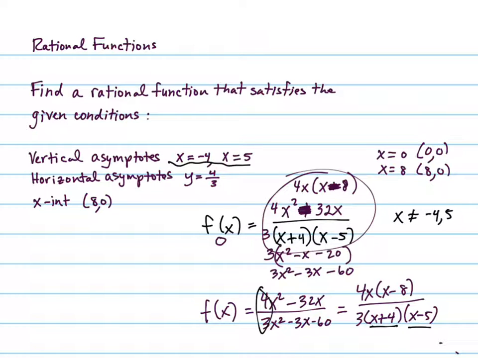And then finally, if y equals 0, then this fraction only equals 0 when the numerator is 0. And you can see because x minus 8 is a factor, that x equals 8 is going to be one of your x-intercepts. And so this function meets all the conditions.